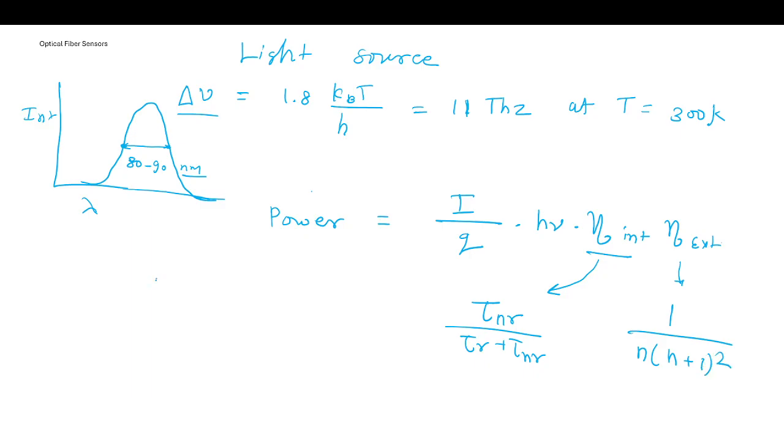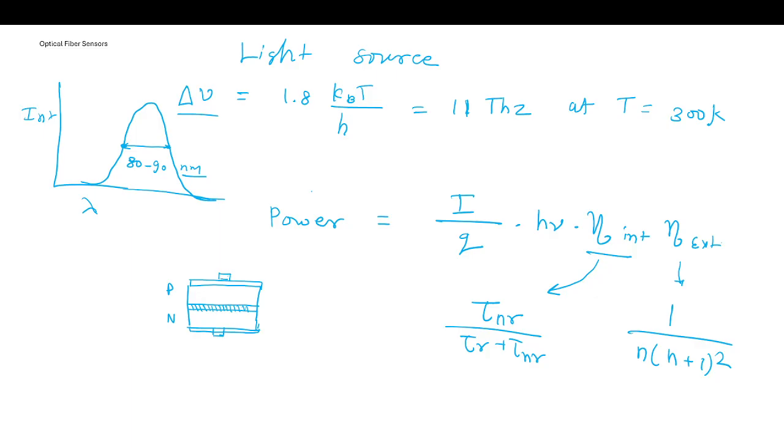Okay, so if you have the structure P and N, which has a heterostructure as well, where the photons are generated. You have electrodes on both sides, the contacts.